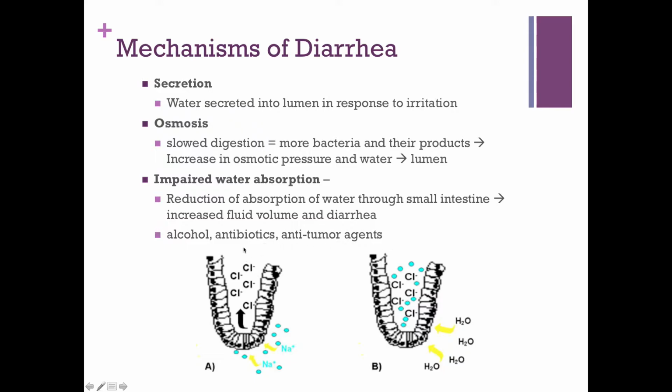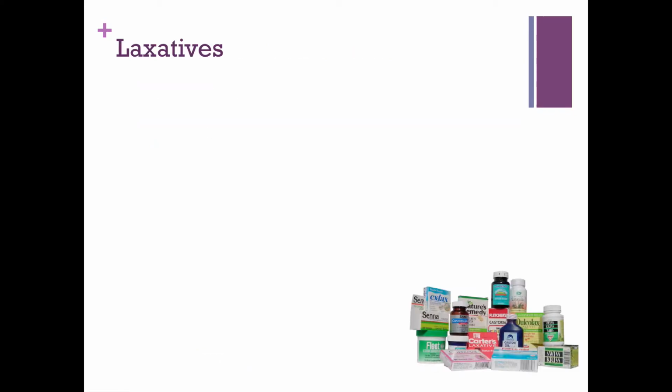And then the final are chemotherapeutic agents or anti-tumor agents. Those cause diarrhea and upset stomach. Same thing. They prevent water from being absorbed. So all of these things are going to allow too much water to be in the intestines. And that's the whole background of diarrhea. Too much water, too much fluidity of the feces, and then increased urge.